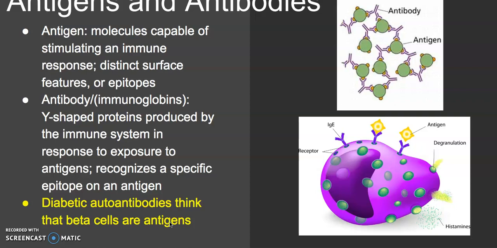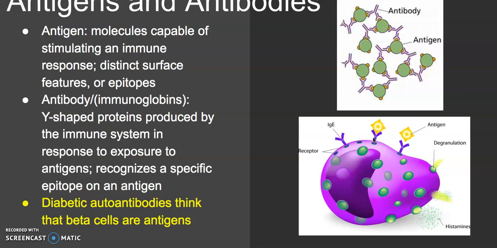So they have these epitopes on them that match with specific antibodies. Antibodies are produced by the immune system in order to attack specific antigens, and they recognize that specific epitope. In this case, diabetic autoantibodies or self-antibodies think that the beta cells in your body are antigens.